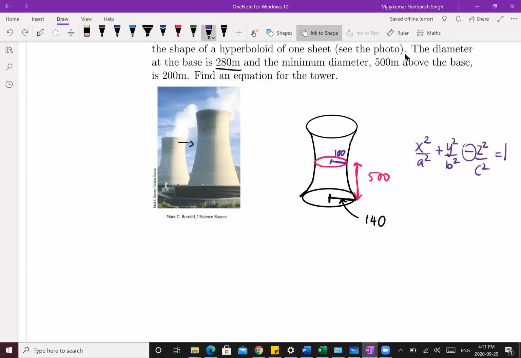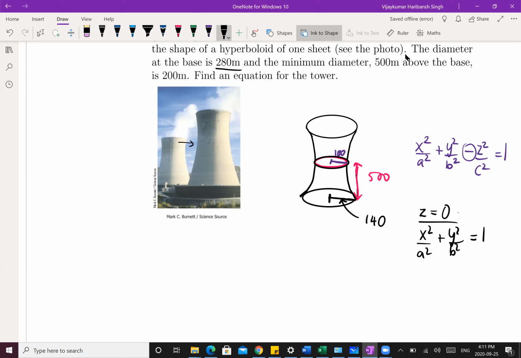Secondly, note that when z is 0, we know that it's a circle, right? So when z equals 0, we are here, because that defines the smallest circle. We have x squared by a squared plus y squared by b squared equals 1.